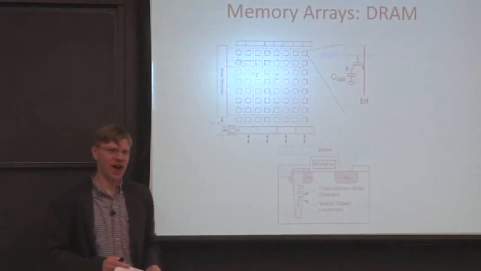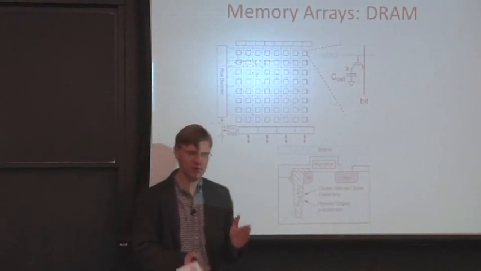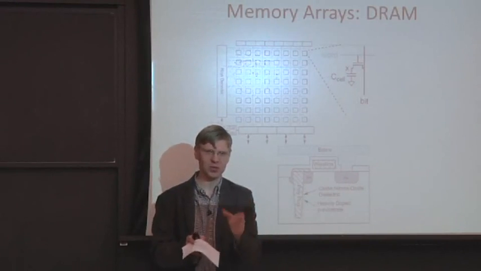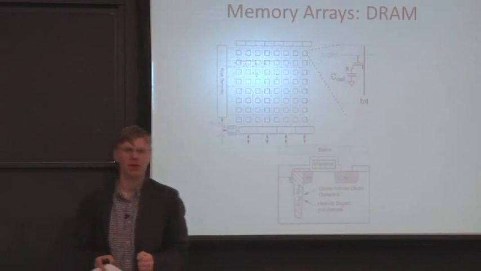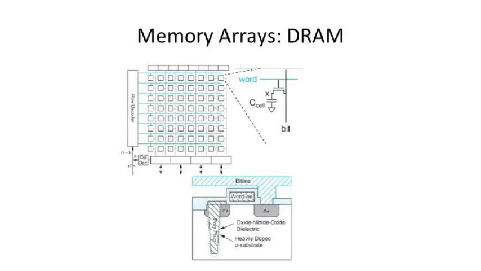Now, you may ask yourself, how do you build a capacitor? Typically you need 2 plates or 2 pieces of metal with some dielectric in the middle, where you can store charge. Well, what's inside of that RAM looks very odd.